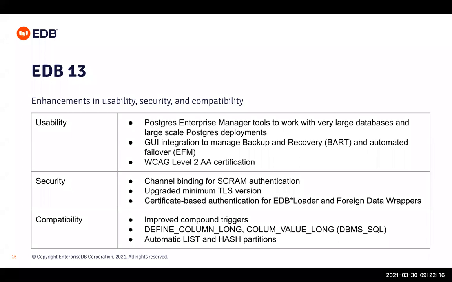So finding the things that you need has become a bit more difficult. So if you want to find a specific object, what we've done is we've added a search field for objects, so you can find it without navigating to it, which makes life a lot easier for the DBAs.